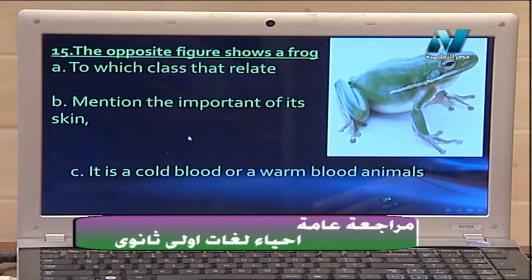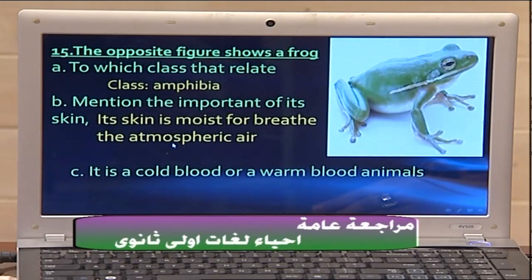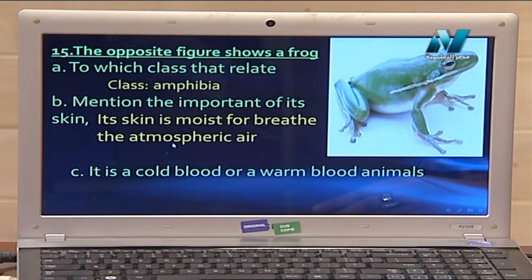The opposite figure shows a frog. To which class is it related? Frog is related to class Amphibia. Mention the importance of its skin. Its skin is moist for breathing atmospheric air. It must be moist.